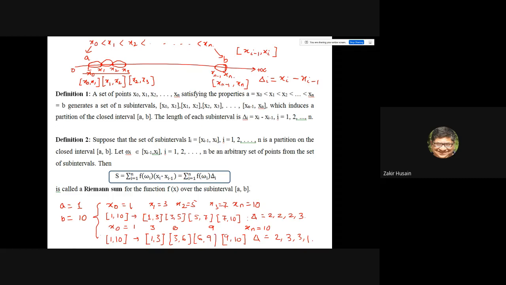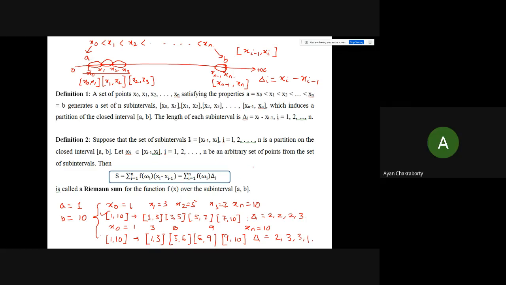Okay, now definition 2. So we have defined subintervals. We have the closed interval and we have partitioned this into some subintervals. Now, let us take Orion's intervals. Within this 1 and 3, take any point. So Orion, can you tell me any point from 1 to 3, including 1 and 3?